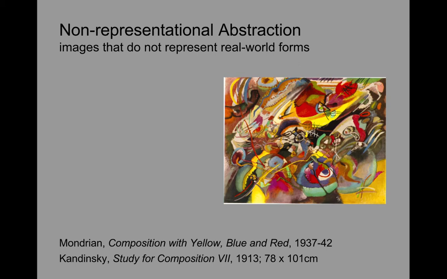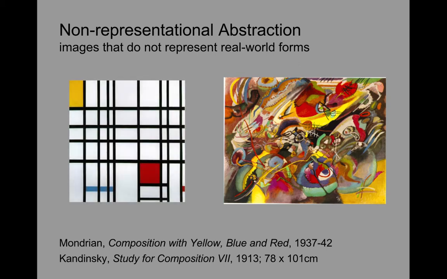So I think that can be a helpful metaphor to think about non-representational abstraction as being something like instrumental music. But abstraction, non-representational abstraction, can also look like this. It can look very hard-edged, with these nice horizontals and verticals that Mondrian used in a very simplified color palette. So both of these would be called non-representational paintings.